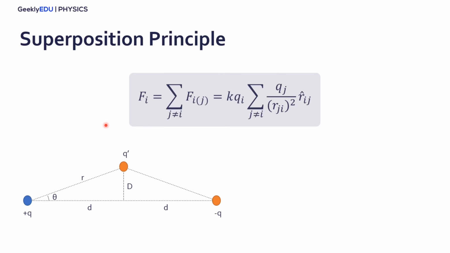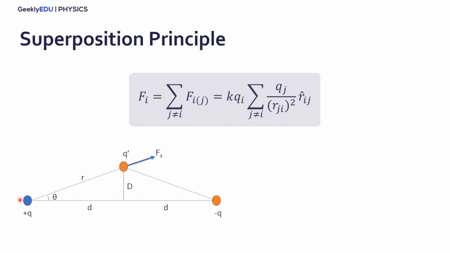Let's take a look at this example and try to find the modulus of the resultant force on our particle Q. Let's assume that the blue particle has a positive charge and the orange particles have negative charges, and their moduli are the same, and the distances between them are the same also, and everything here is symmetrical.